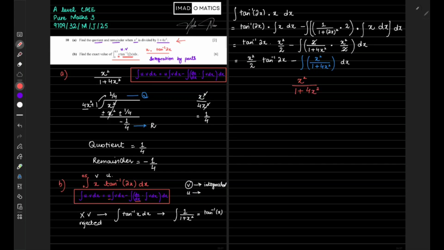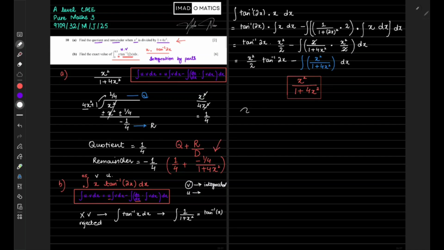this. Okay, so this form, let us write this in the proper quotient remainder form. What is it? Quotient plus remainder over divisor. So quotient is 1 over 4 plus remainder is minus 1 over 4 over divisor, which is 4x square plus 1, or 1 plus 4x square. So after dividing this, we will get this proper form instead of that improper form.